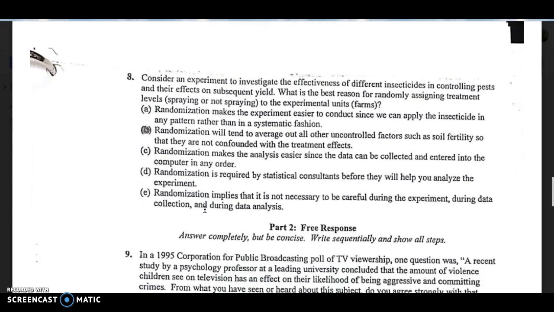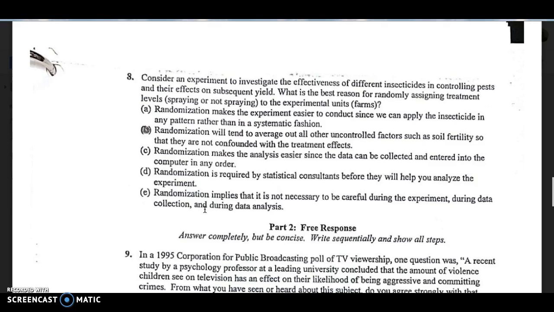Question 8. Consider an experiment to investigate the effectiveness of different insecticides in controlling pests and their effects on subsequent yield. What is the best reason for randomly assigning treatment levels, spraying or not spraying, to the experimental units, which are the farms?